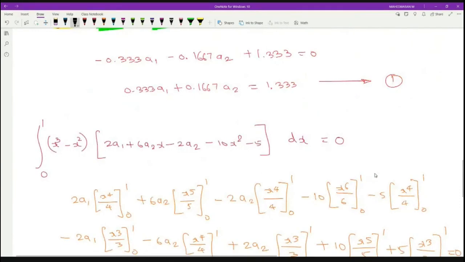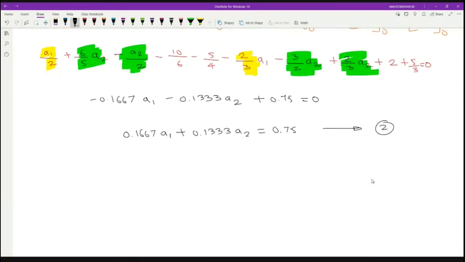So now you can easily solve equation 1 and 2, right? So you have equation 1 and equation 2. So go to equation mode in your calculator. Try to substitute what are the values. You'll get the answer. So I am getting a1 as 3.17. A2 1.64, sir. a2 is 1.64.